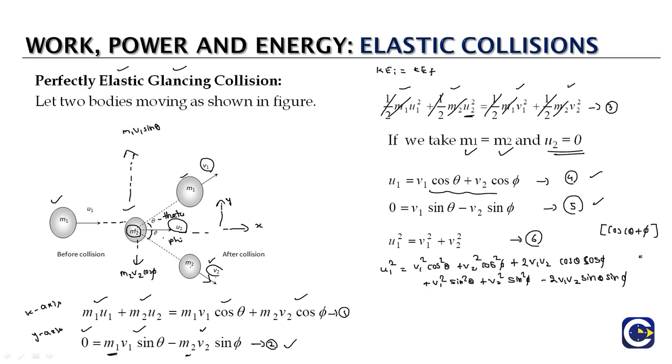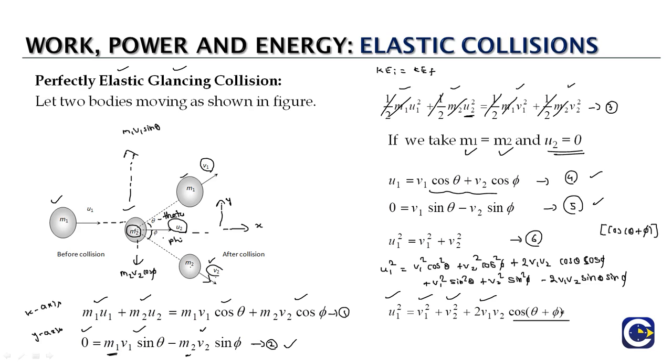It's a trigonometric property. So the final result is u1 square on the LHS equals v1 square plus v2 square plus 2v1 v2 cos of theta plus phi.